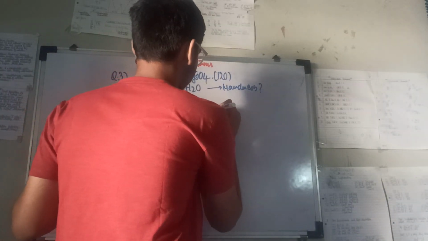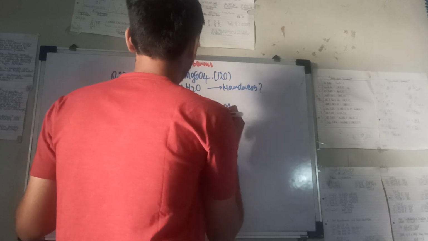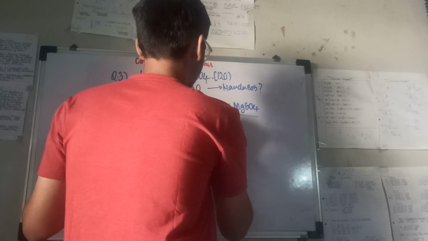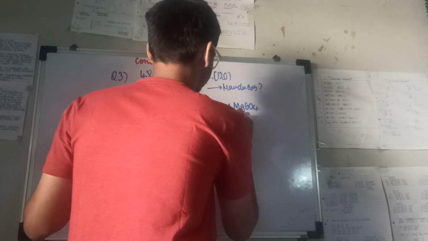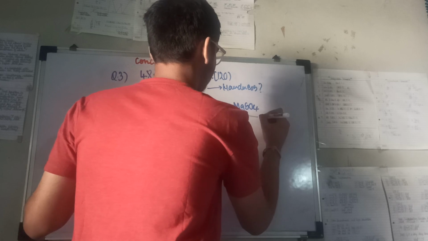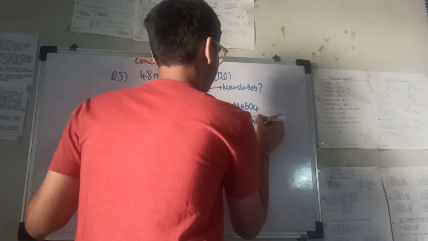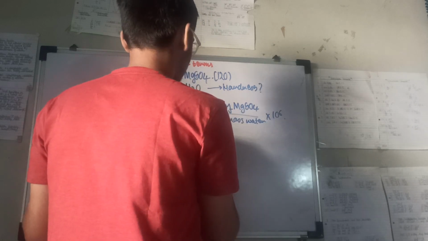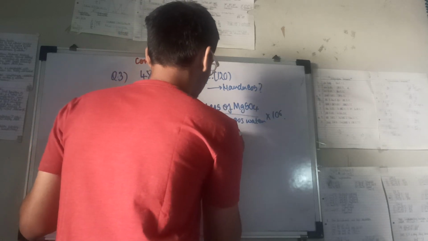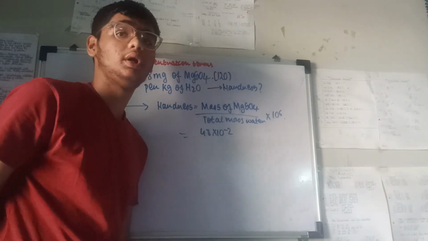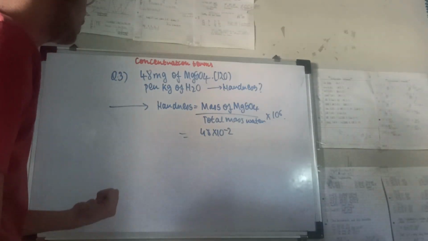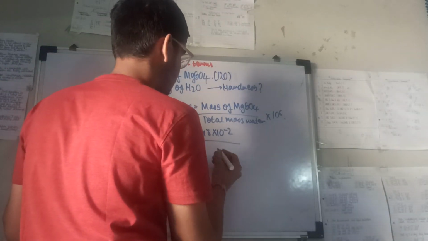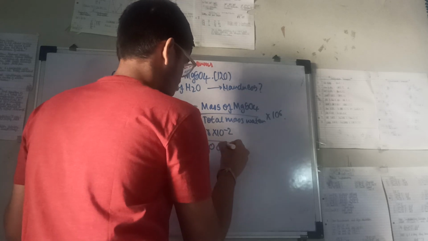So mass of MgSO4 by total mass of water into 10 to the power 6. So mass is 48 into 10 to the power minus 2, we take minus 2 for milligram, by total mass of water, which is 1 kg, so 1000.